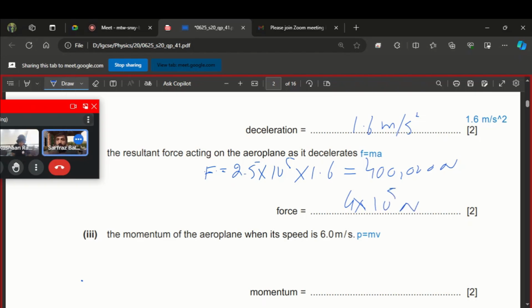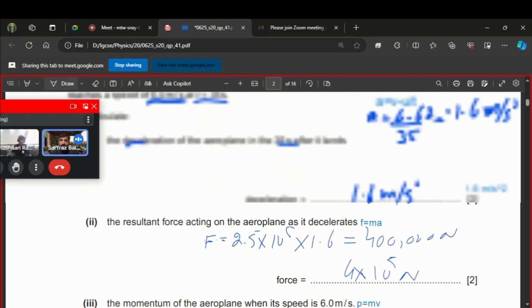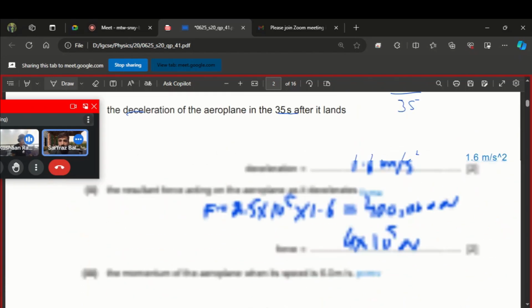Okay. Next question says the momentum of the aeroplane when its speed is 6 meters per second. Here we have to calculate momentum. How will you calculate momentum? P equals mv. Yes. So what is m in this case? Our mass has already been given.